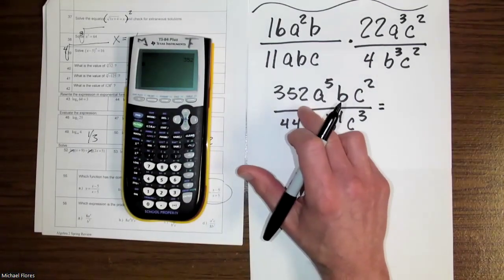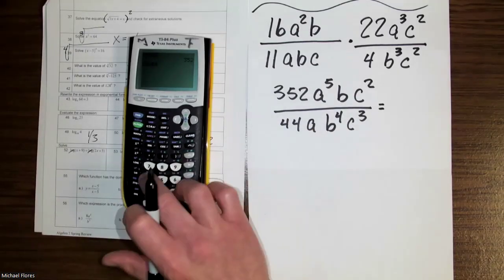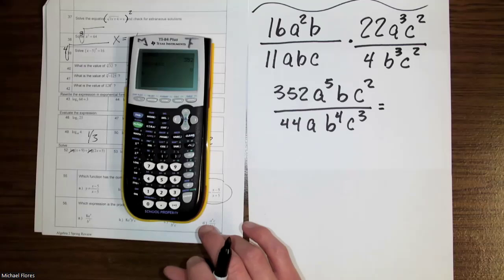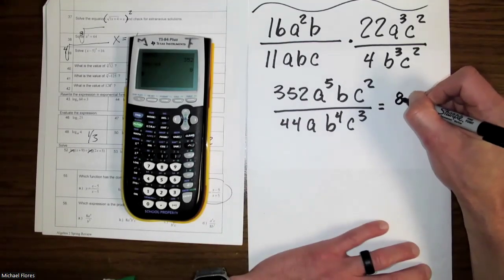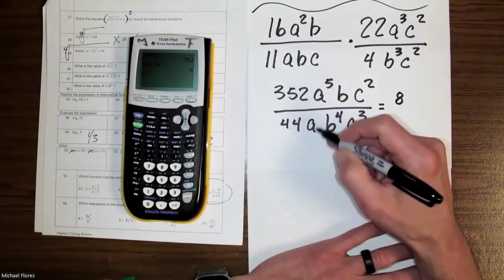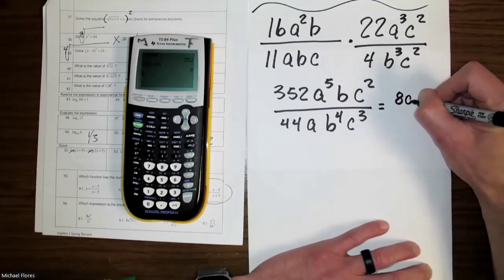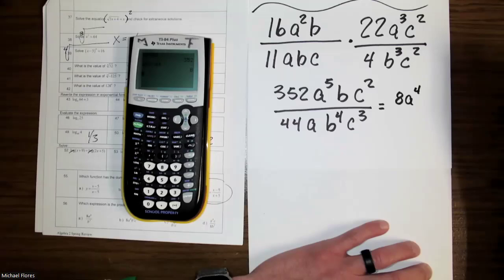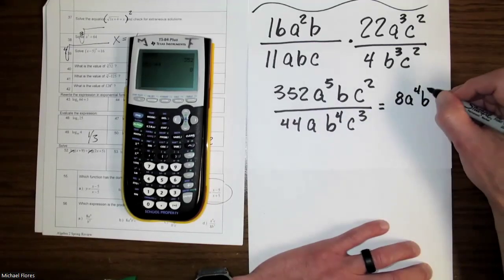Okay, now let's see. 352 over 44. I'm going to reduce that first. 352 divided by 44. That's 8. So we have 8 a to the fifth over a. Here we're dividing, therefore we subtract the exponents. That's a to the fourth. B to the first over b to the fourth, that's b to the negative third.